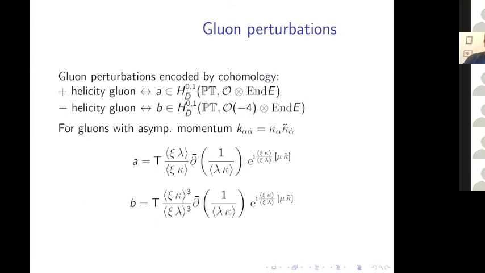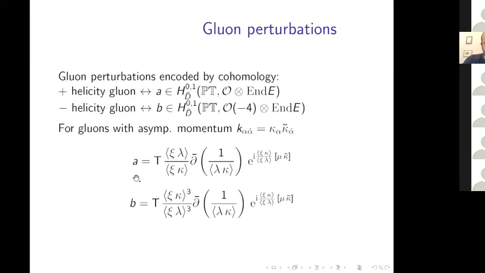And we can be very explicit about what these cohomology representatives are. If we want our asymptotic gluons to have, say, before they cross the self-dual radiative background, on-shell momentum k_{αα̇}, it's on-shell, which means it's massless, which means it can be decomposed into an undotted and a dotted two-component Weyl spinor.